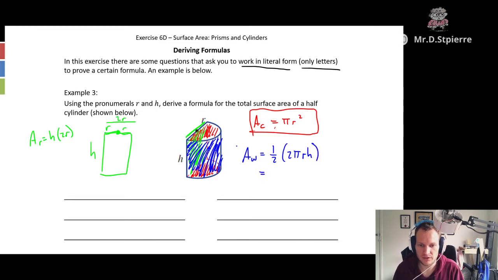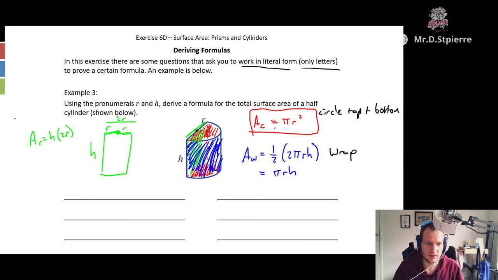So the area of this wrap, because it's half of it, we just get pi RH. That's the three components. The circle top and bottom, which we've combined. This is the wrap. And this over here was the backside.